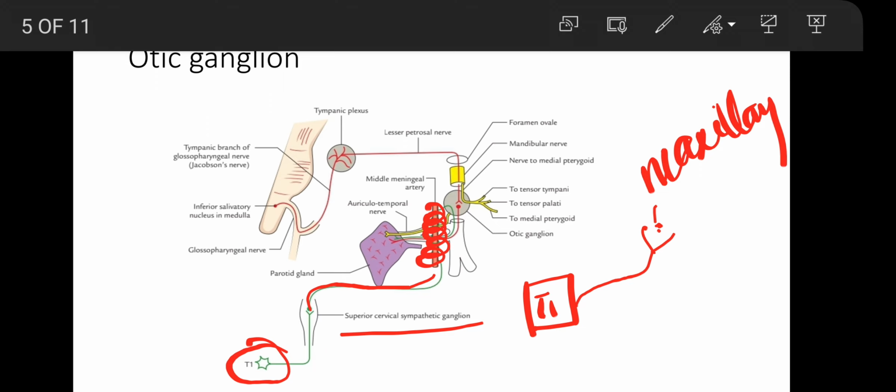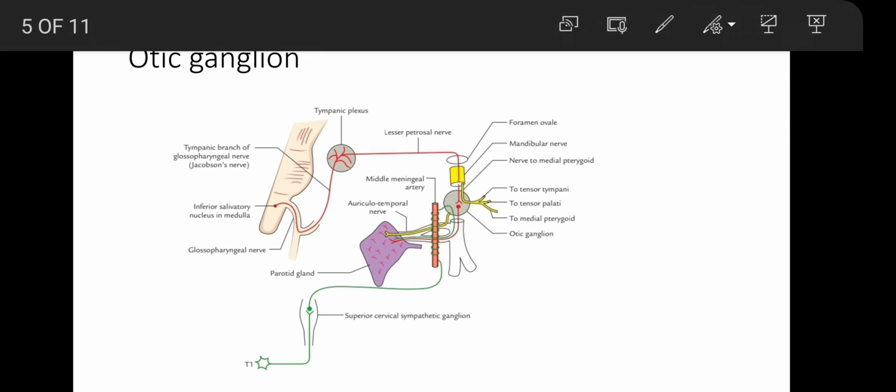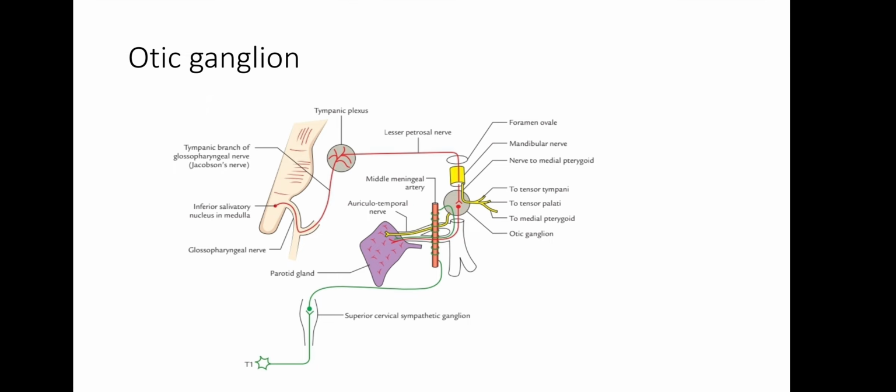For another piece of information, the middle meningeal artery is between the two roots of the auriculotemporal nerve, as you can see in this picture.